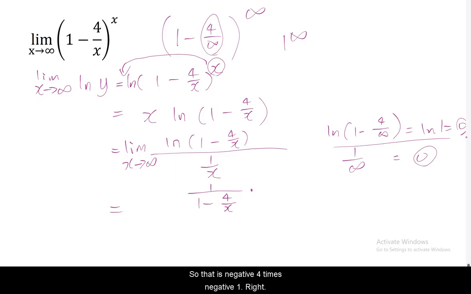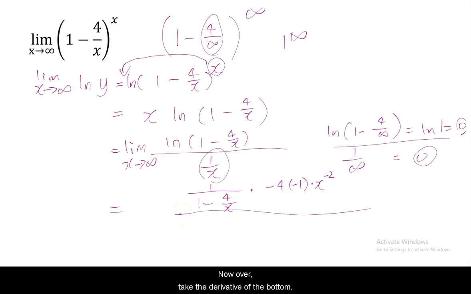So that is negative 4 times negative 1, right, times x to the negative 2. Now, over, take the derivative of the bottom, you will have negative x to the power of negative 2.